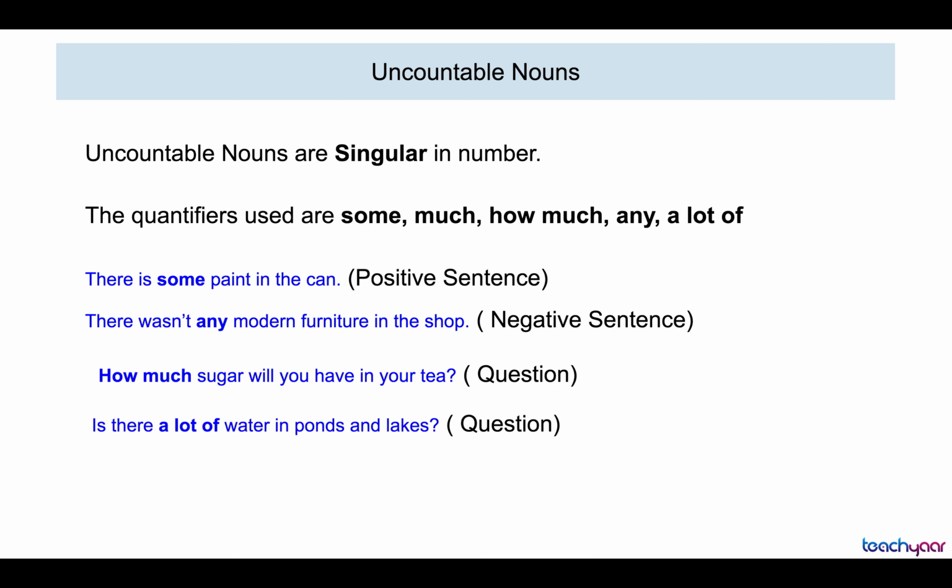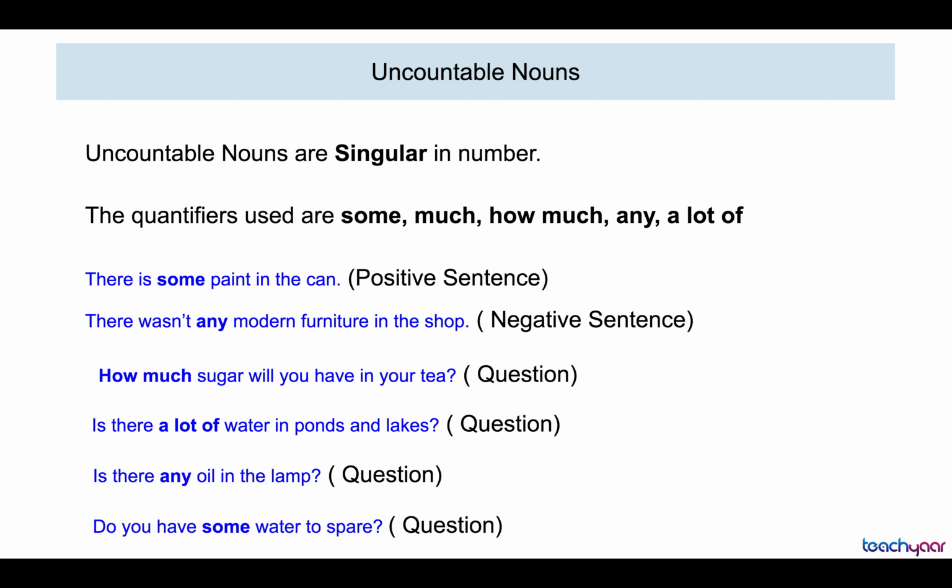Again there's a question. Is there a lot of water in ponds and lakes? Again we are using a determiner, a lot of. Is there any oil in the lamp? Question. Any oil. Do you have some water to spare?